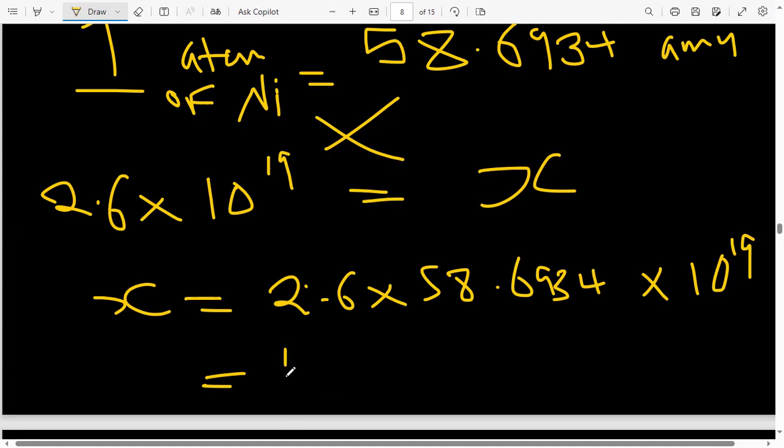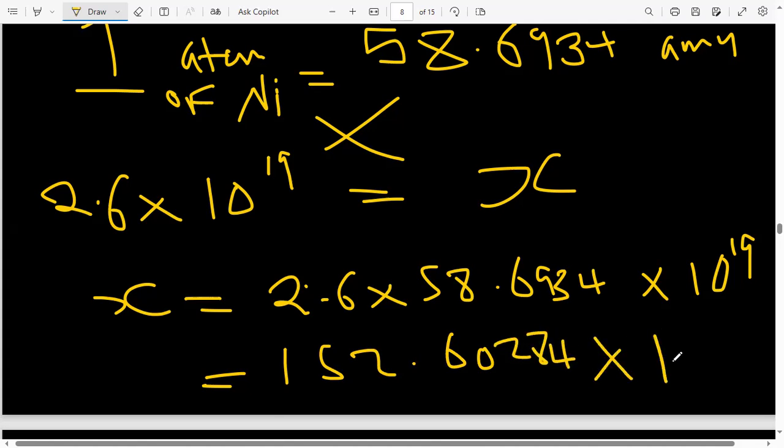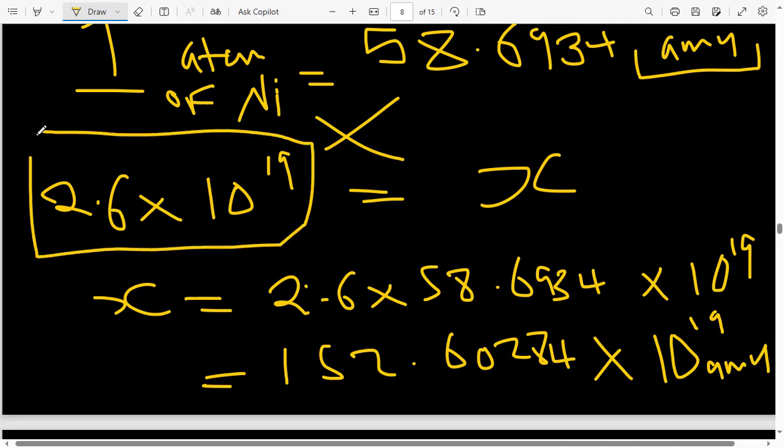If I multiply that, I'm getting 152.60284 multiplied by 10 to the power 19. So these are atomic mass units. For this number of atoms of nickel, you are going to have this as your atomic mass unit.